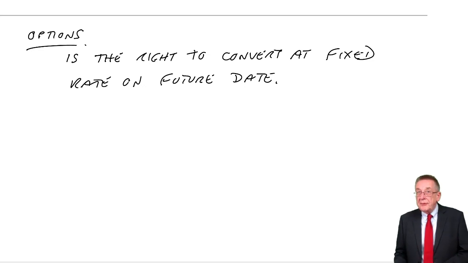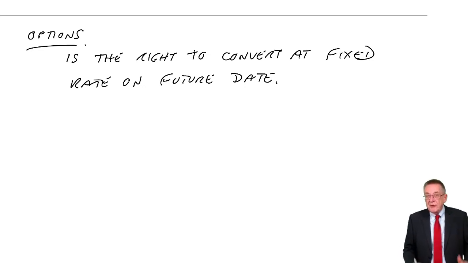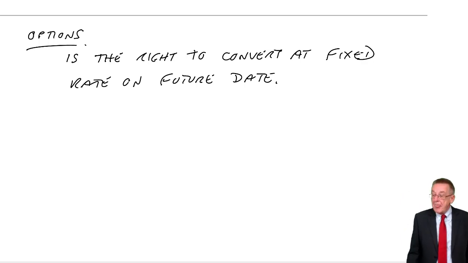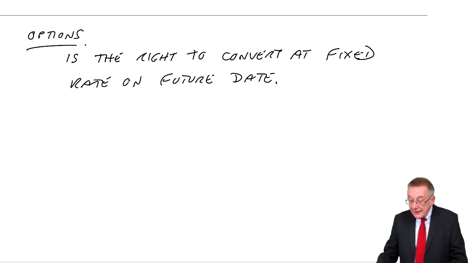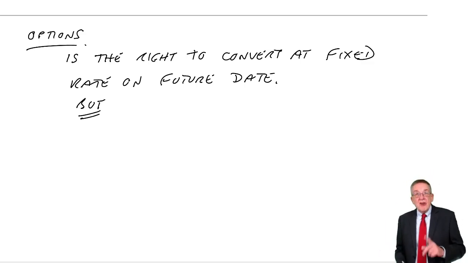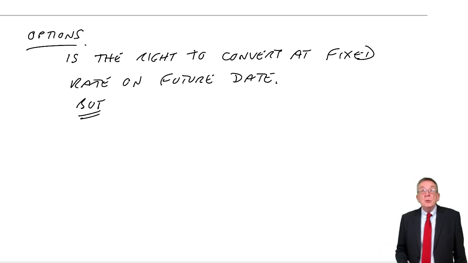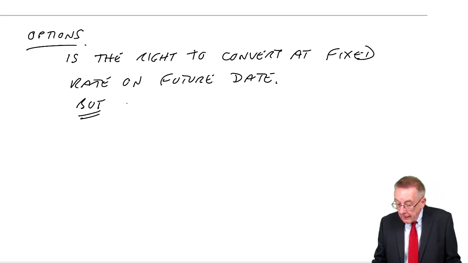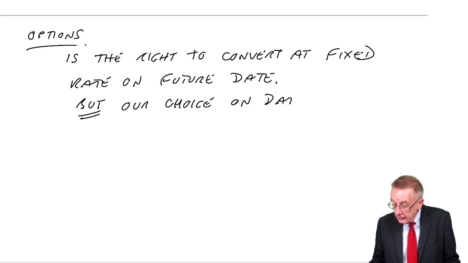So very much like a forward rate, they give you a fixed rate for conversion, one month's time or whatever. But the big difference is it's the right to convert. You don't have to. It's our choice on date of transaction.